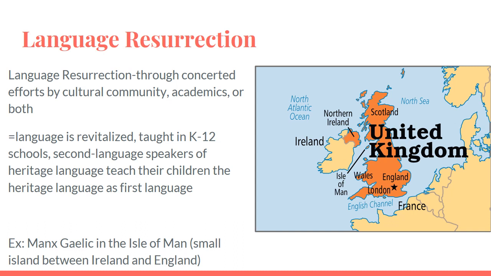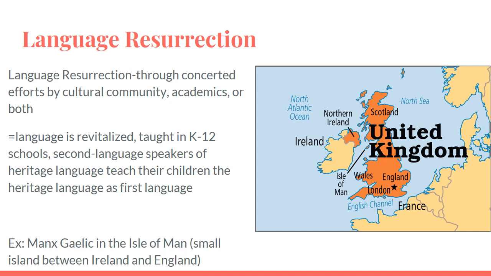These people were not native language speakers. Their first language was English, but they had learned Manx Gaelic as a second language from maybe their grandparents or elderly people in the community that had preserved that language. And then those second language speakers who had learned Manx Gaelic later in life worked with academics to transfer Manx Gaelic to the young generation.